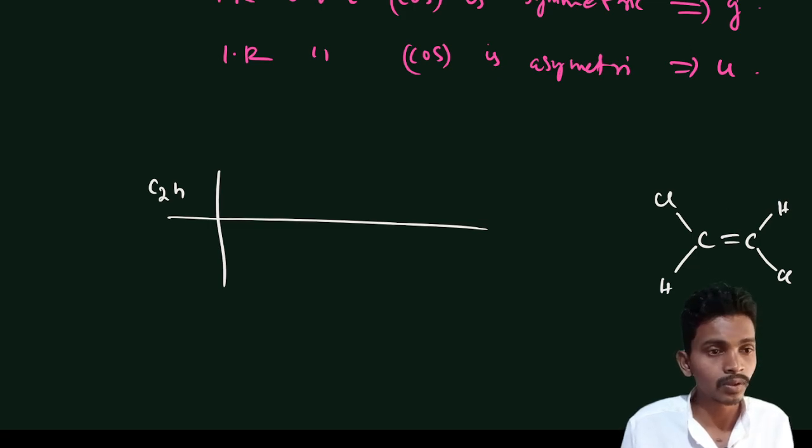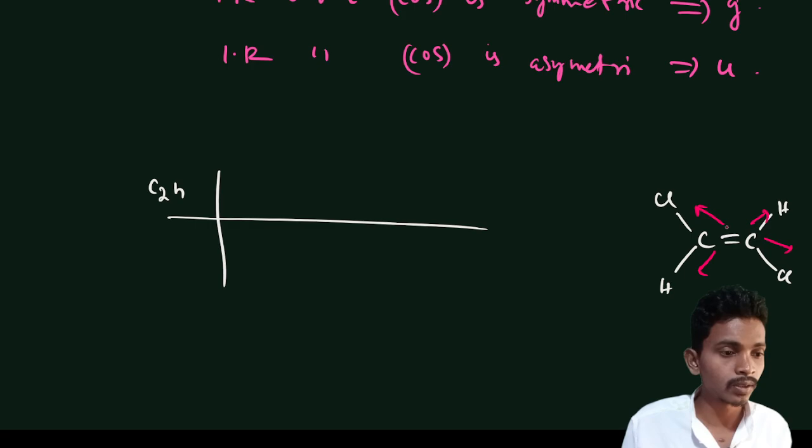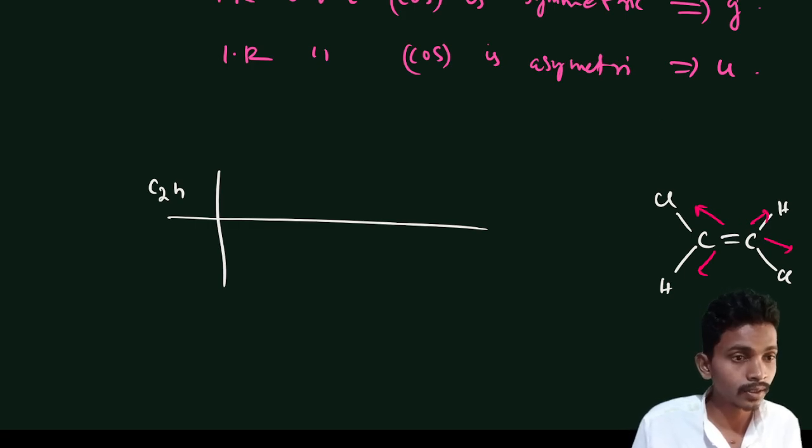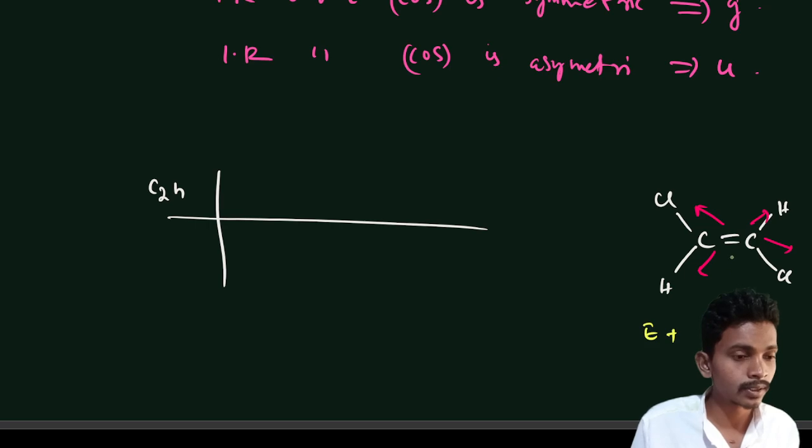Okay, so in this molecule I is there, and also in this molecule, look at it, here we have E and C2.